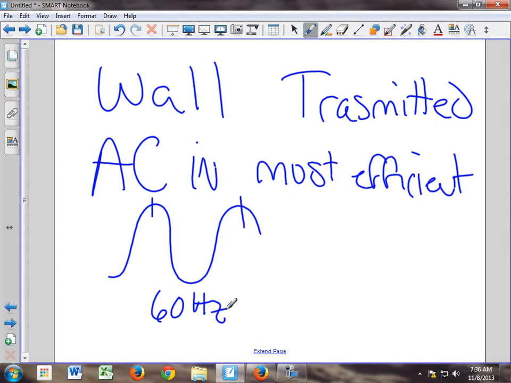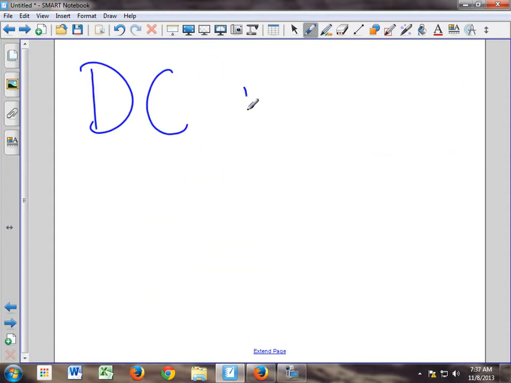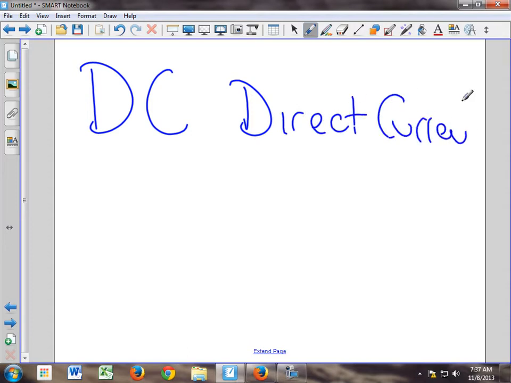In fact, airplanes are the only place I've ever had AC power an electrical component. Everywhere else it's usually DC power, and DC stands for direct current. DC is direct current. It's level at some voltage, okay?